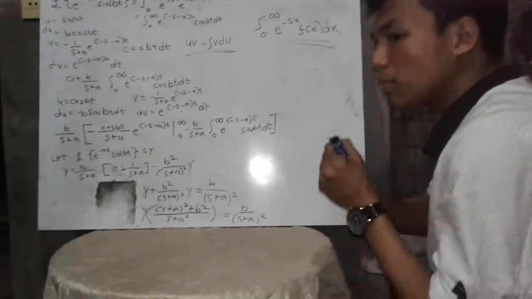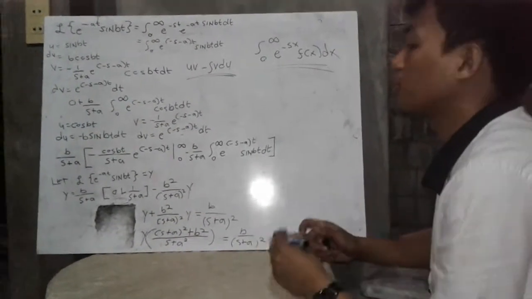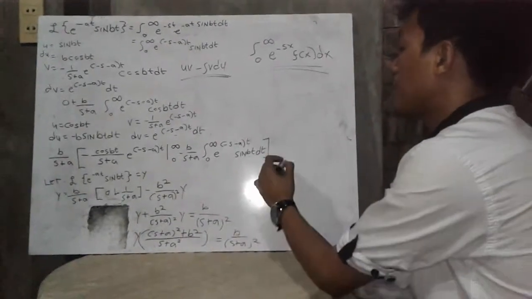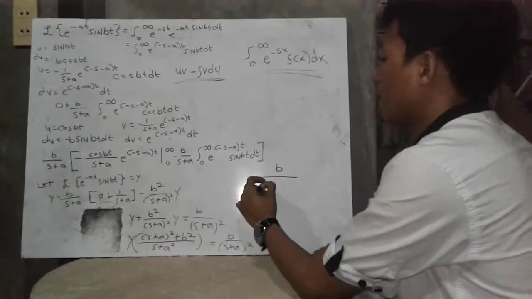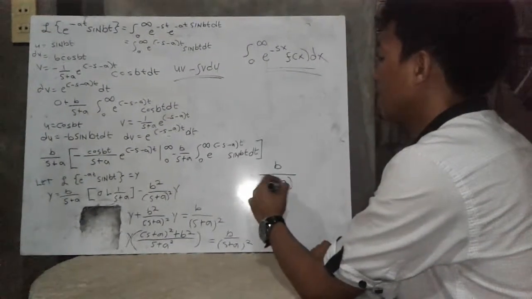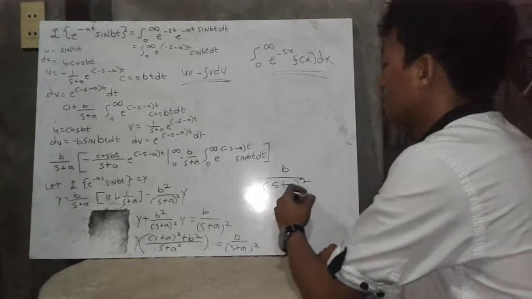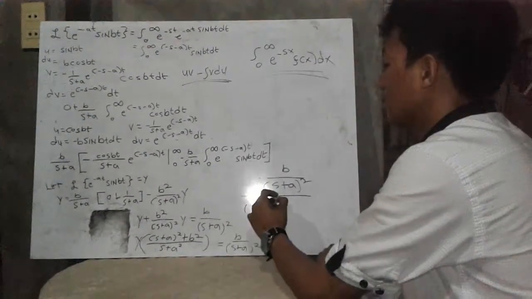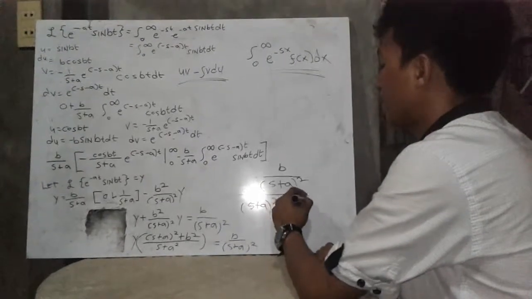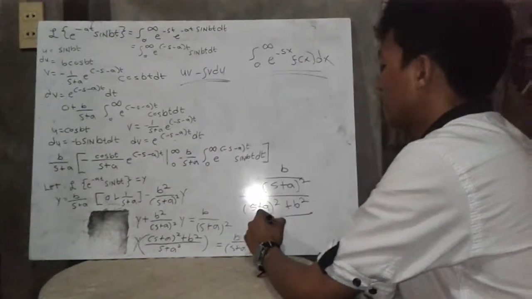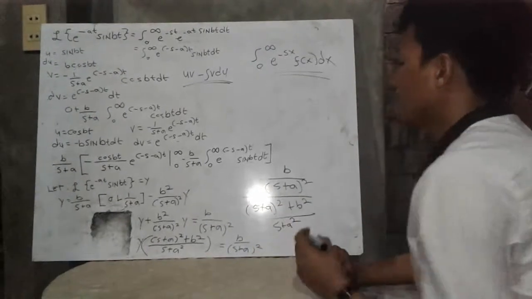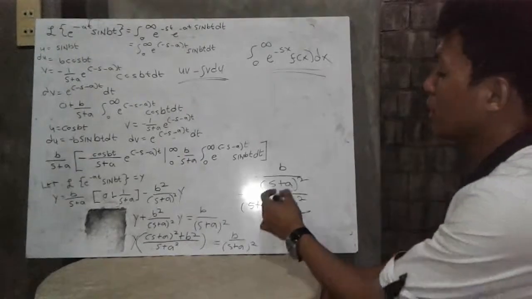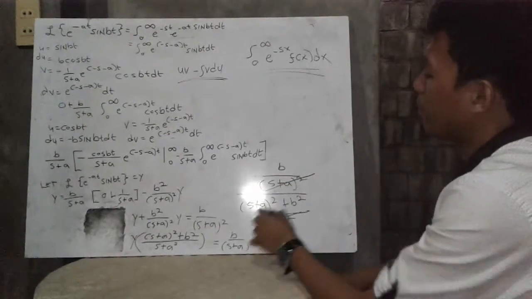So again, applying some cancellation method, such as b over s plus a squared over s plus a squared plus b squared over s plus a squared, we can cancel same terms, of course, which is the same denominator.